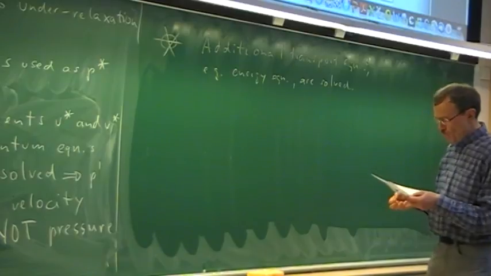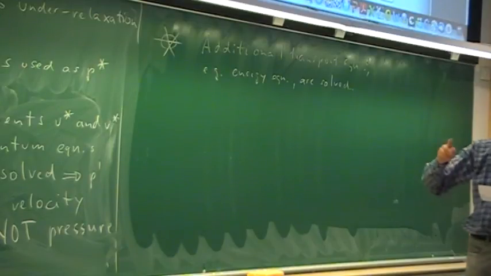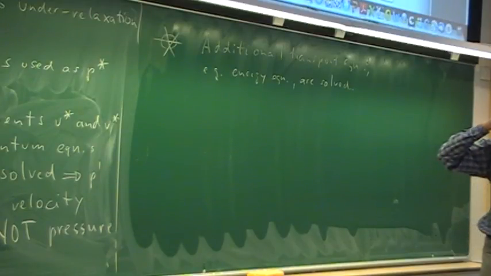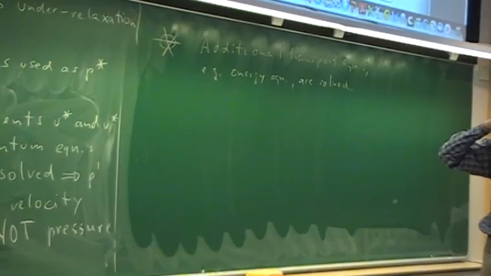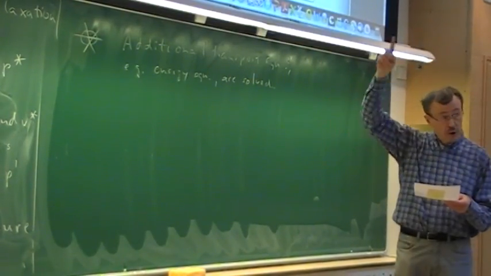And if convergence has not yet been reached, we use the current velocity components to compute the new iteration by solving again the pressure equation. So we go over the loop again.